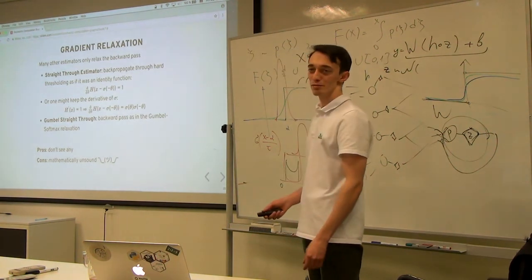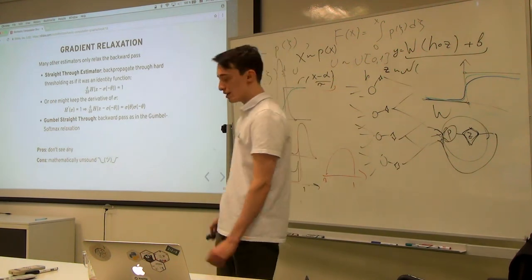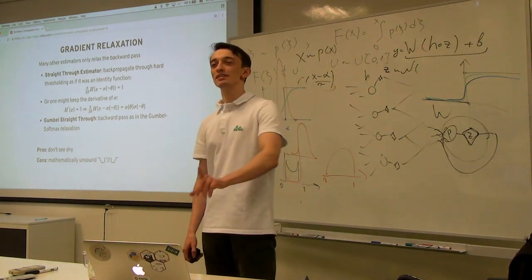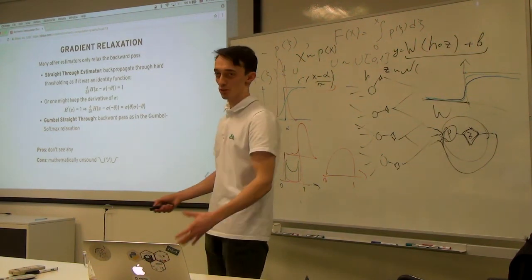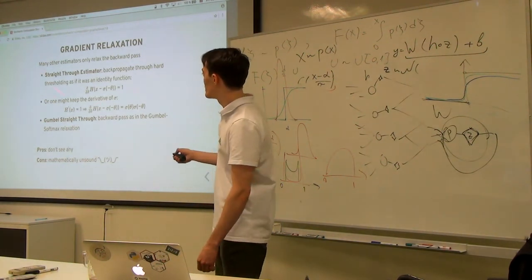They used the straight-through estimator in the Gumbel Softmax paper. Yeah, that's actually what I have here. Well, they didn't use it. They proposed the straight-through version of Gumbelization, and it actually makes more sense than the original one.